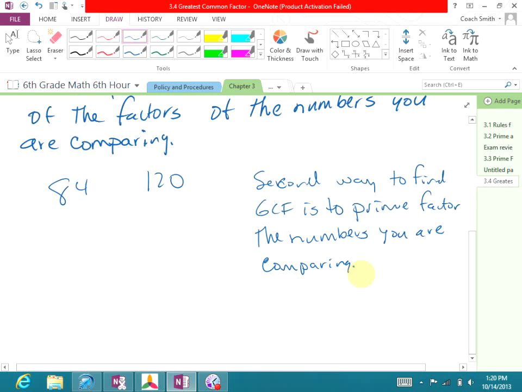Okay? So, this gets into what we've already talked about. I don't care if you use inverted division or whether you use the factor tree. It's whatever's easiest for you. If I take 84, as I said the other day, I'm always going to do inverted division because that's just the way I think.